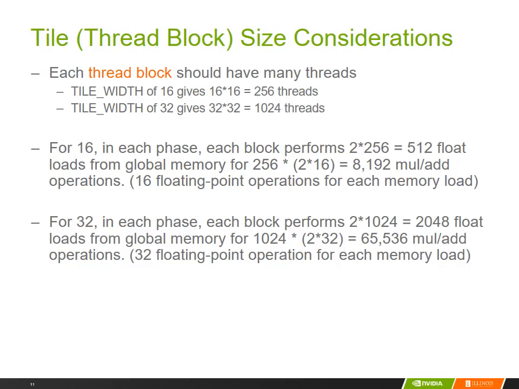Once the two tiles are in the shared memory, each thread is going to perform 16 multiplications and 16 additions to complete the phase of inner product calculation based on that tile. And we have 256 threads involved, so we have 256 times 2 times 16, which is 8,192 multiply-add floating point operations for the phase.